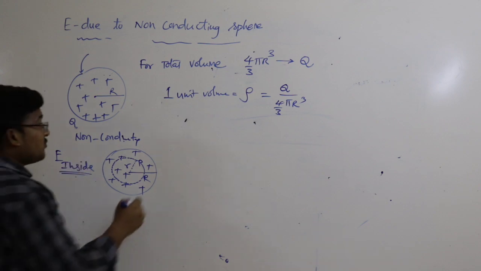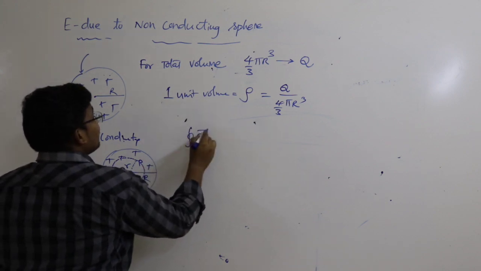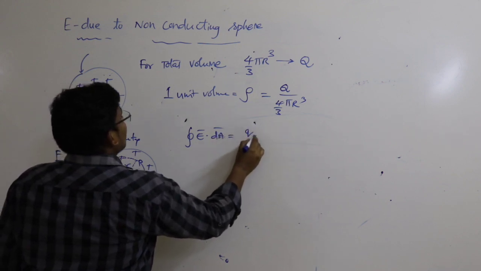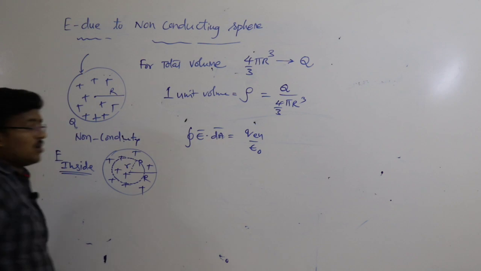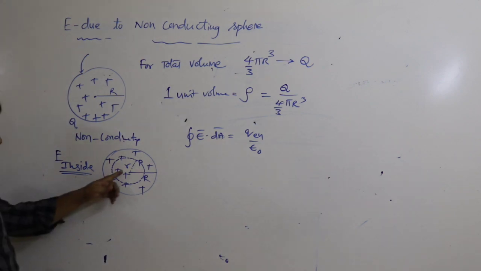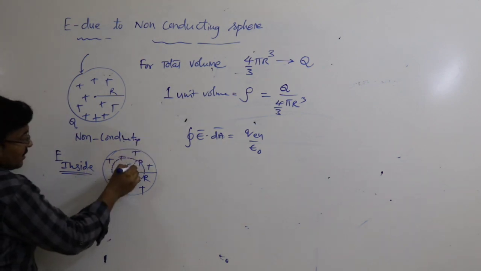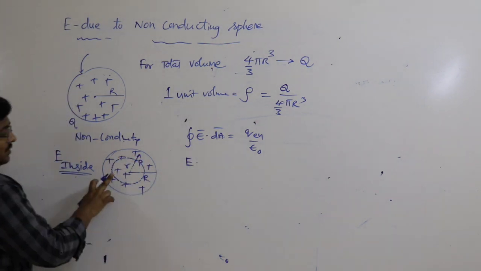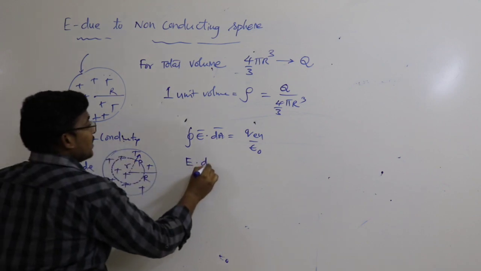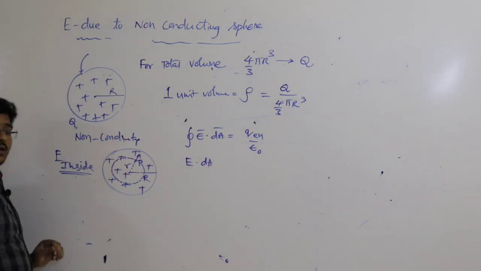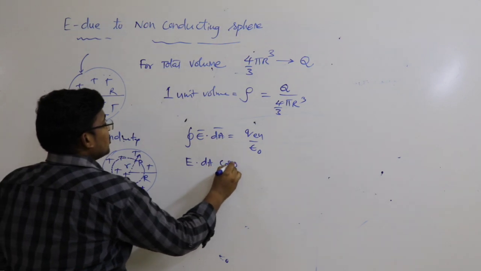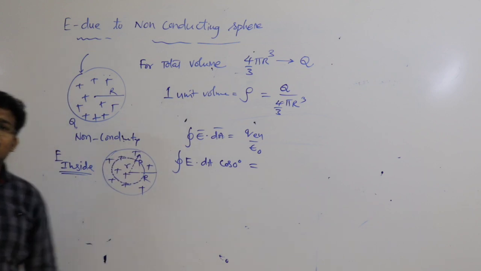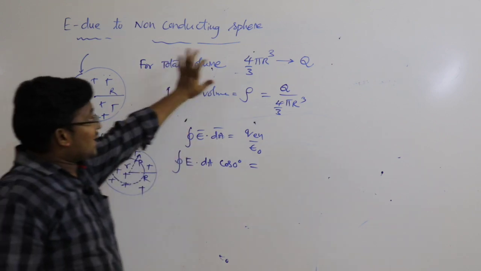What is the Gauss law formula? Closed integral of E bar dot dA bar is equal to charge enclosed by epsilon naught. Here the electric field E is always outward, the area is dA, and the angle between them is 0, so cos 0 degrees.